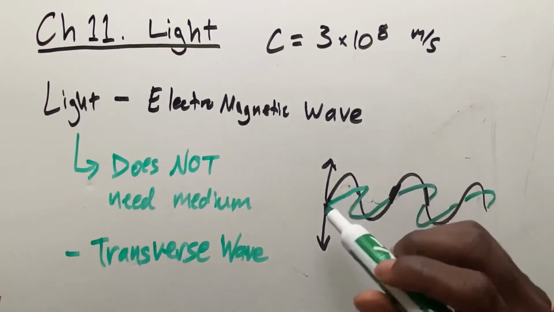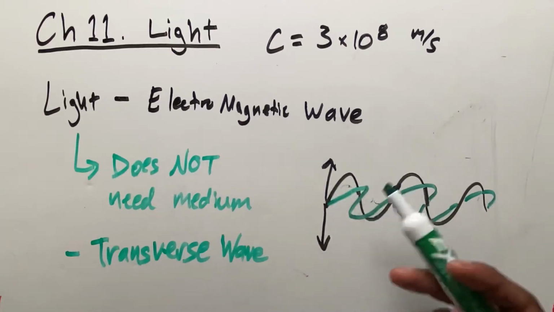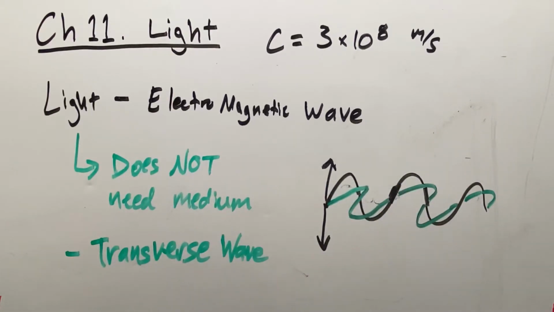So you can imagine the electric field going up and down, and the magnetic field going in and out. So it's the combination of both of those waves that basically produces light, and both of those are transverse waves.